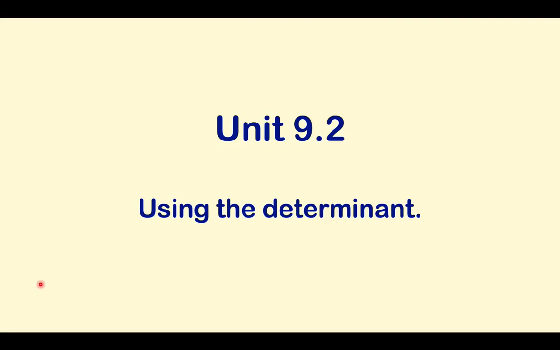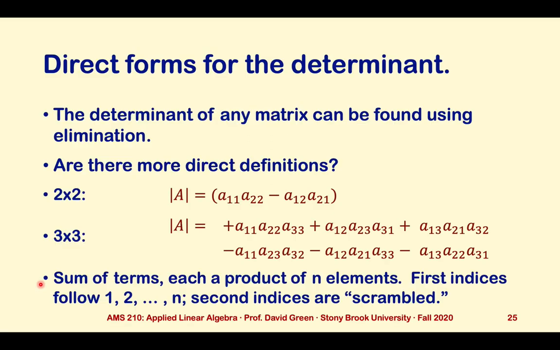Hi, in this video we are going to discuss how we use the determinant as well as some more direct forms for computing determinants. We've already seen how the determinant of any matrix can be found using elimination.